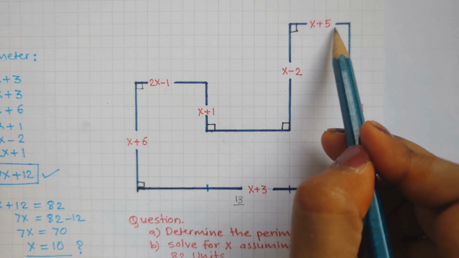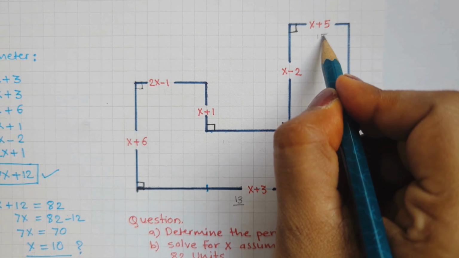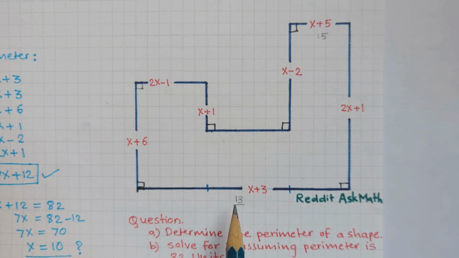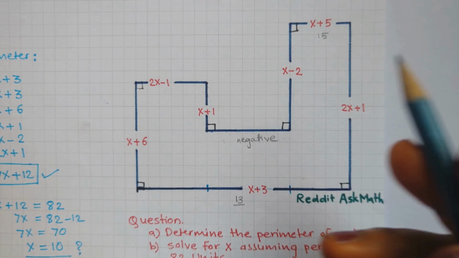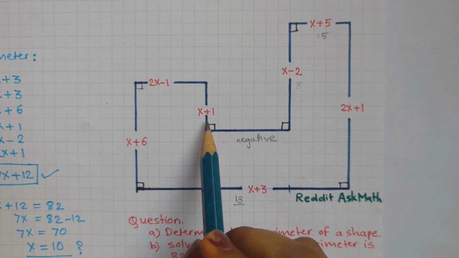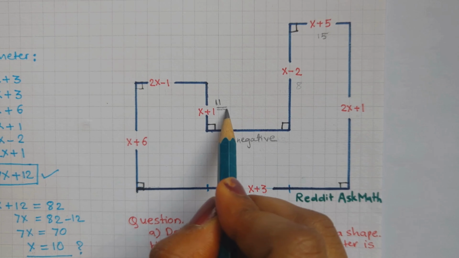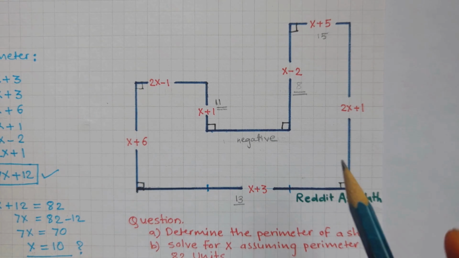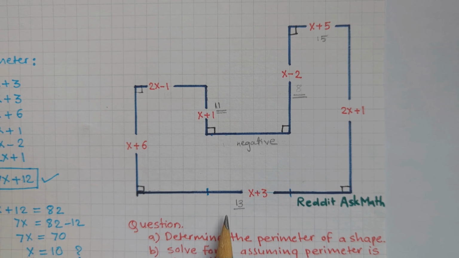But wait a second, this smaller piece is going to be 15, which doesn't seem right in the practical world. Coming to this part, this value is 8, and this part is going to be 11, which is super weird and unacceptable.